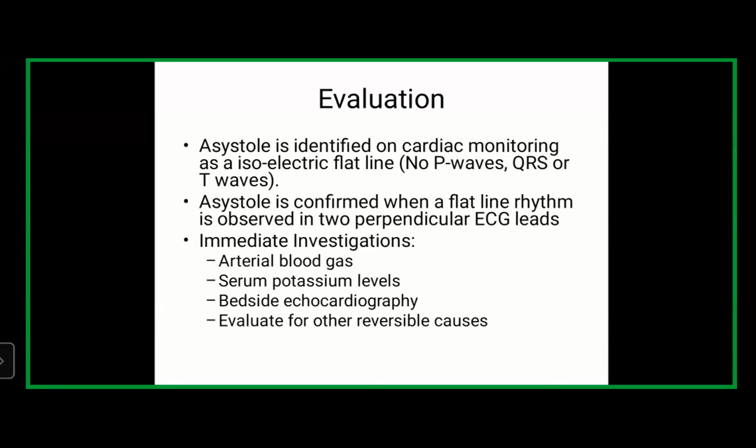That's asystole. No activity at all. The atrium is silent, the ventricle is silent. No atrial activity, no ventricular activity, no depolarization, no repolarization. Just an isoelectric flat line. It's usually confirmed when a flat line reading is observed in two perpendicular ECG leads.